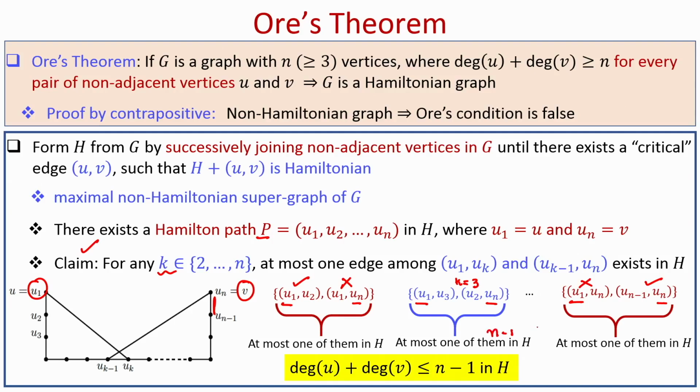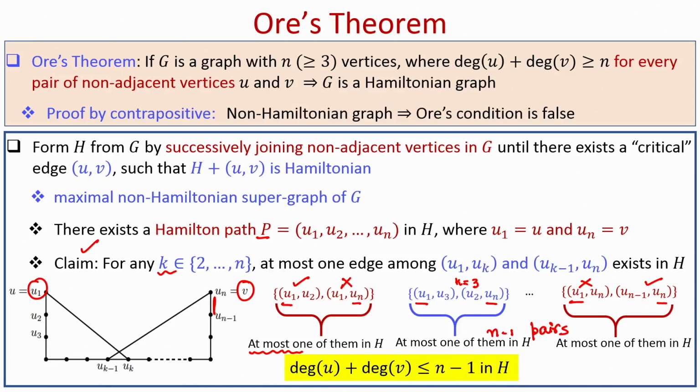I have n minus 1 such pairs, and as a result, even if I take the best case, remember the claim says that it is not the case that from each pair definitely an edge is there in the supergraph H, it says at most one edge.